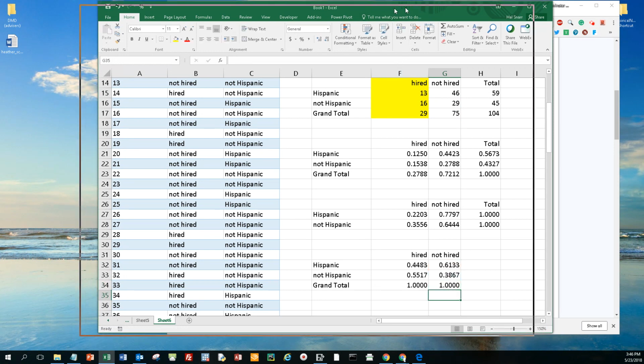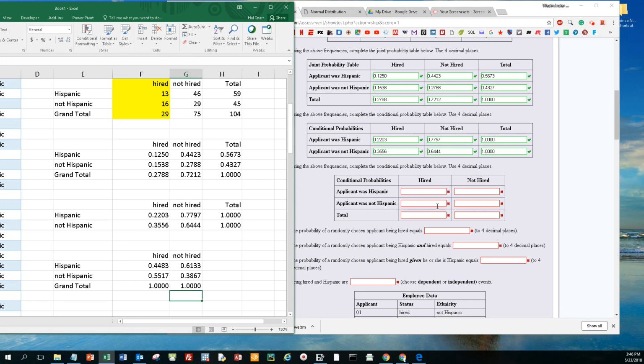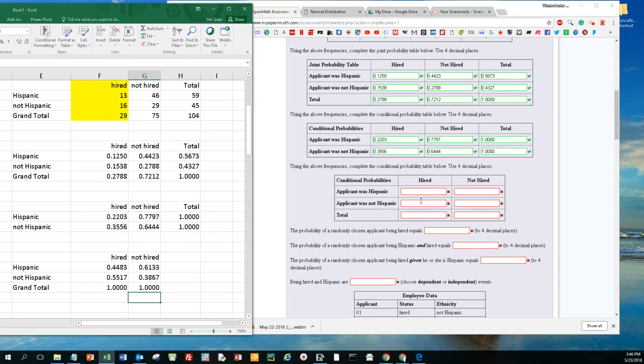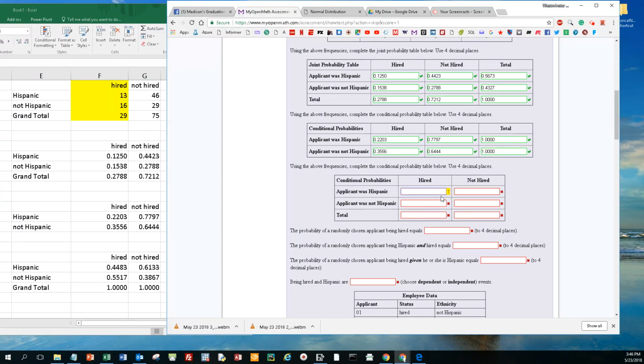So let me set this aside and go over here. Whoops. To the side. So the probability the applicant was Hispanic given they're hired is 0.4483. The probability the applicant was Hispanic given not hired is 0.6133.